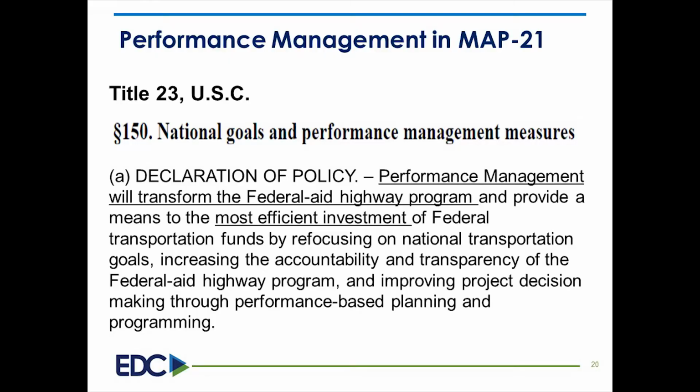So performance management in MAP-21, we've seen the final rules for asset management, and next month we expect to see the rules for performance management, but not in the rules, but in the law itself. It says performance management will transform the federal aid highway program and provide the means to the most efficient investment of federal transportation funds.